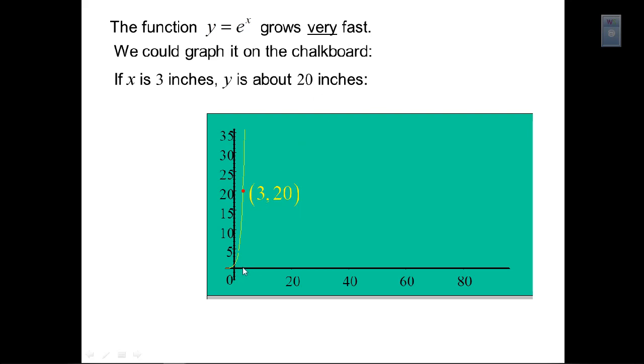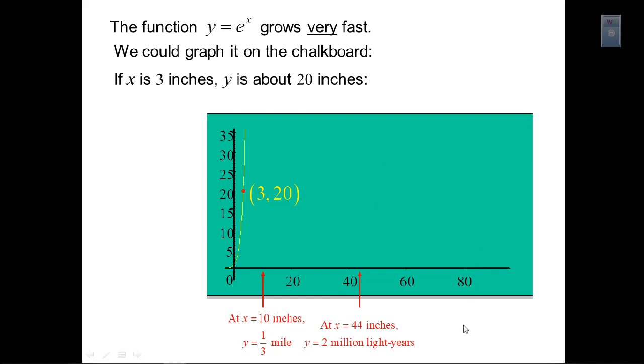So 3 inches over, and we've already grown 20 inches vertically. When we get to 10 inches on the x-coordinate, y is 1/3 of a mile. And at 44 inches, y is 2 million light years vertically.